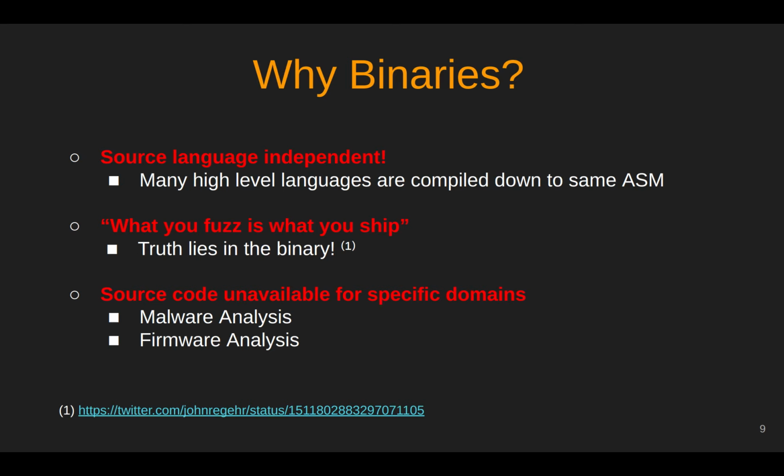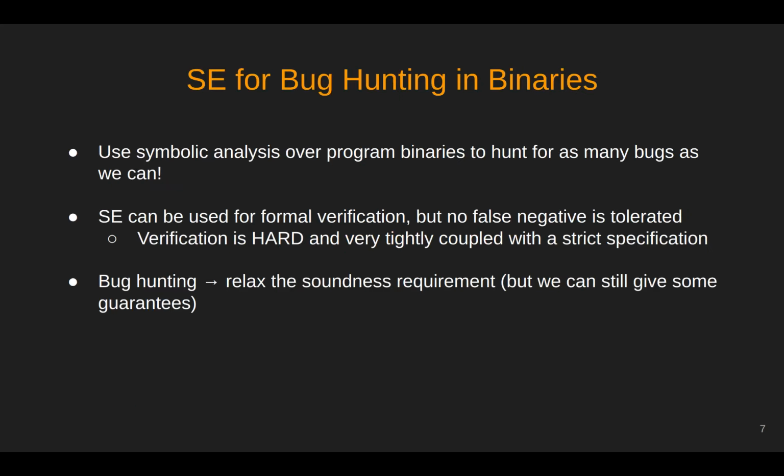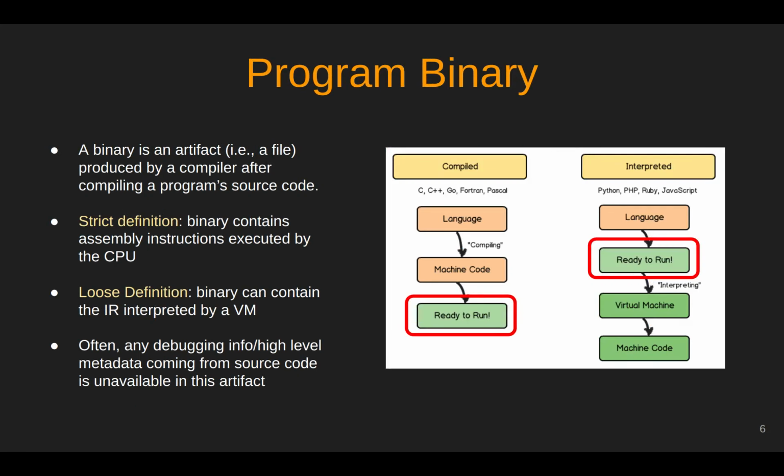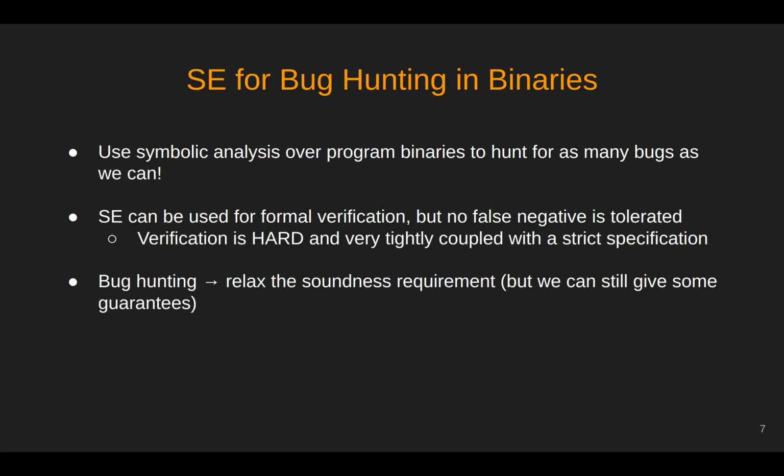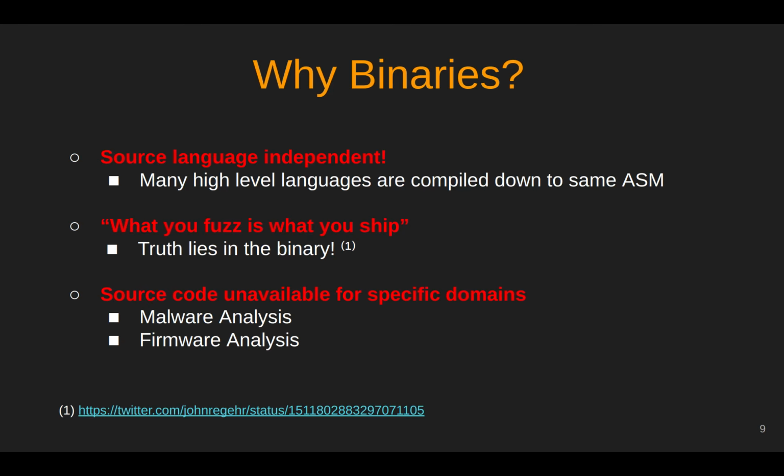So you don't even have to support all assembly languages. You just have to have a lifter that does it for you, and then after you lift it to that intermediate representation, the symbolic executor can interpret it, and it would be able to do its job as it would do for any other assembly language.